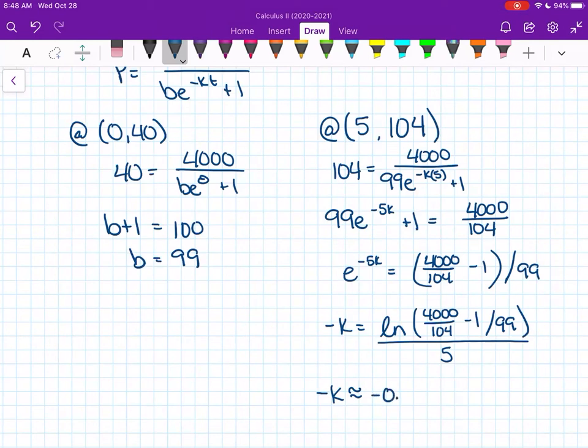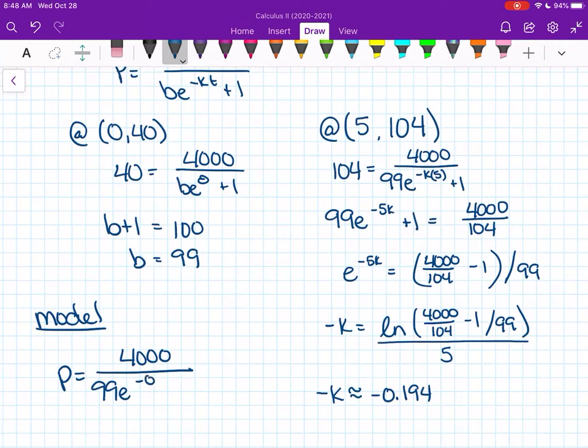So negative k is approximately negative 0.194, once you plug that into your handy dandy calculator. Great. So our final model is going to be P equals 4,000 divided by 99 e to the negative 0.194 t plus 1.